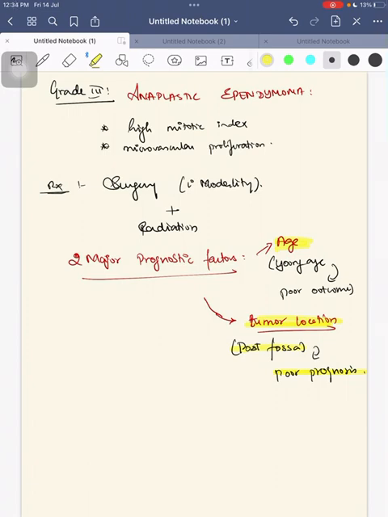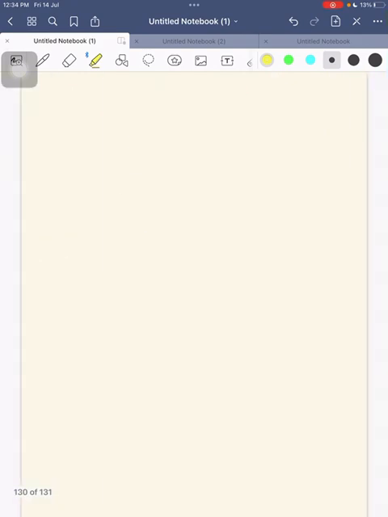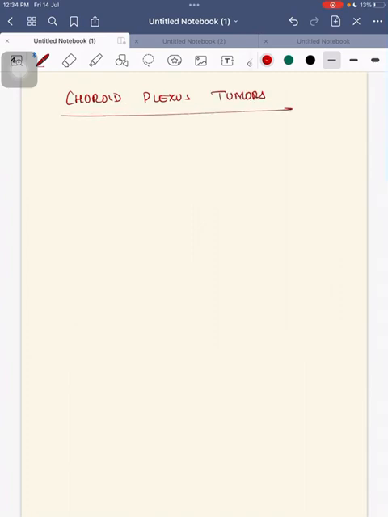Next we will see the choroid plexus tumor. This is one of the congenital and neonatal brain tumors. Since it is congenital and neonatal, it is most common in children less than 1 year of age.